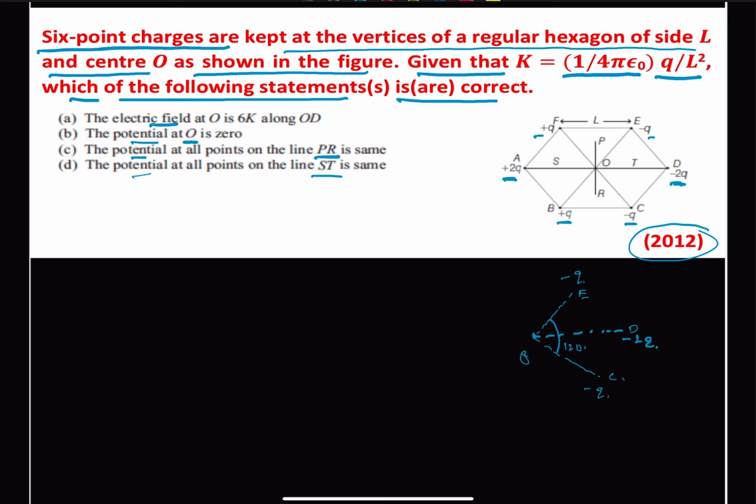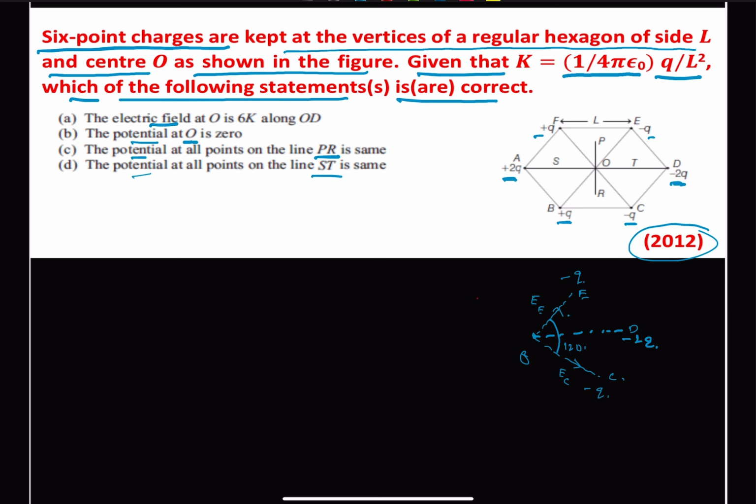So this is our O, and the electric field in this direction, let us call this the electric field because of E, and in this direction, the electric field because of C. Here we have to remember that the electric field because of plus q, which is here, let me draw that charge also.